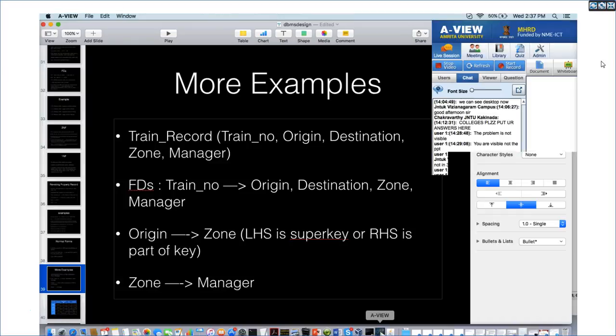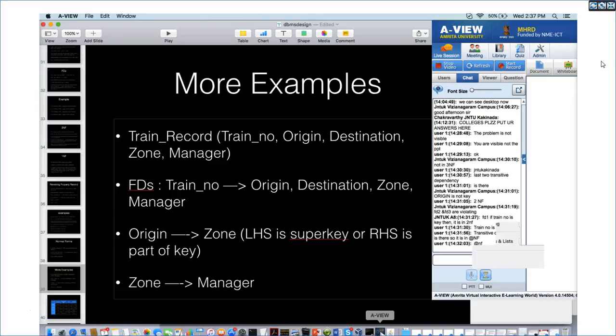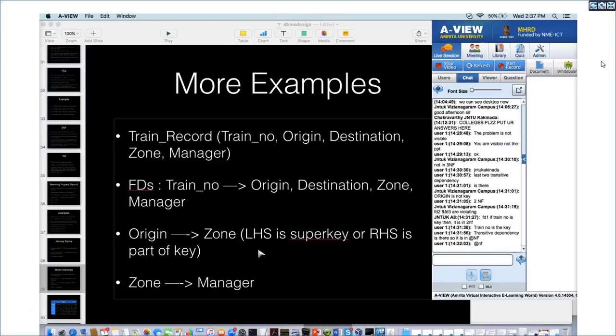What is the 3NF requirement? LHS is a super key, or RHS is part of a key.